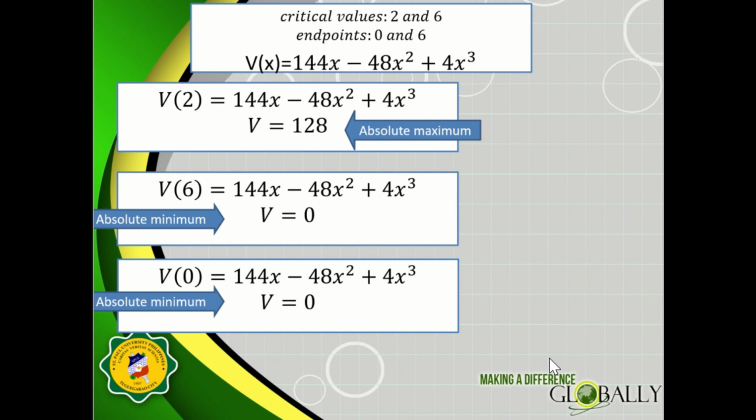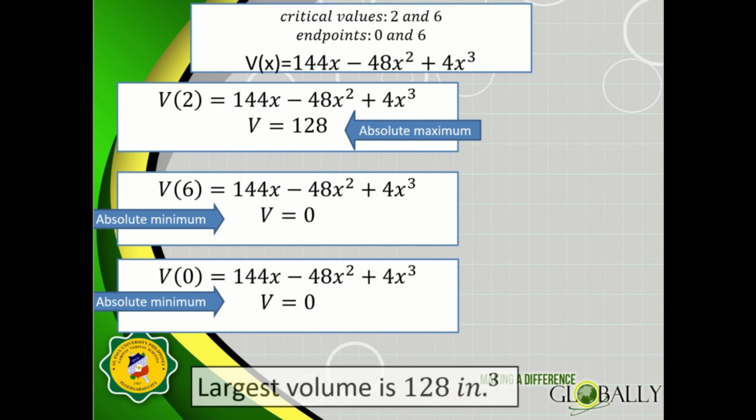Since the problem is asking for the largest volume, we can conclude that the largest volume is 128 cubic inches, and this is obtained when the length of the side of the square cut out is 2 inches. And this is now our final answer.